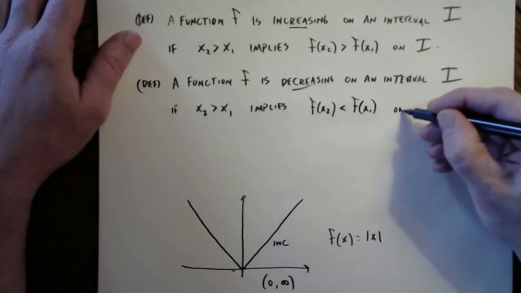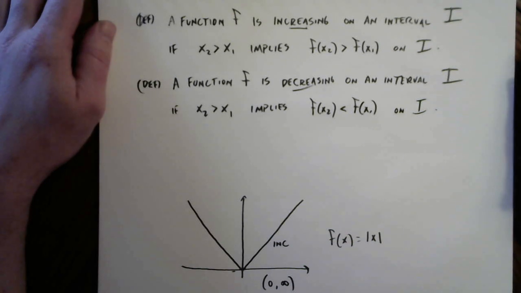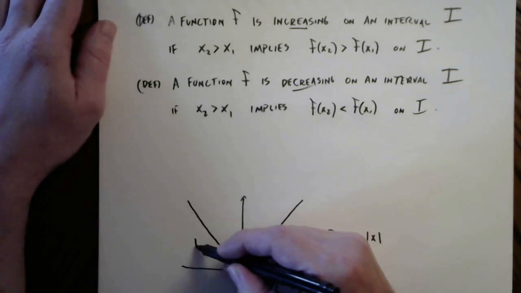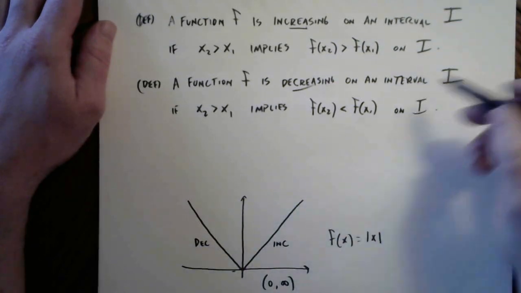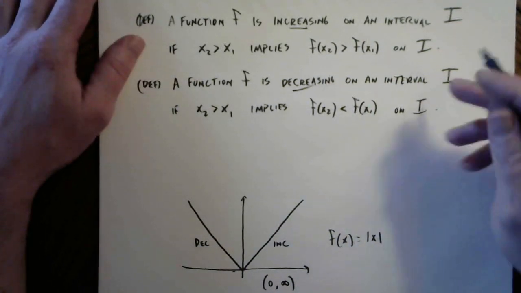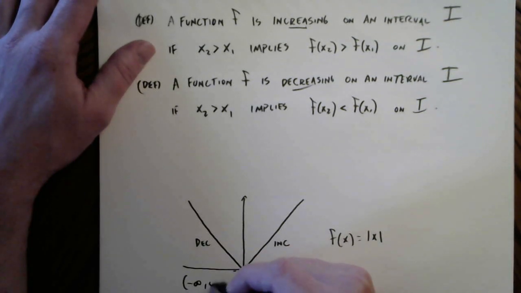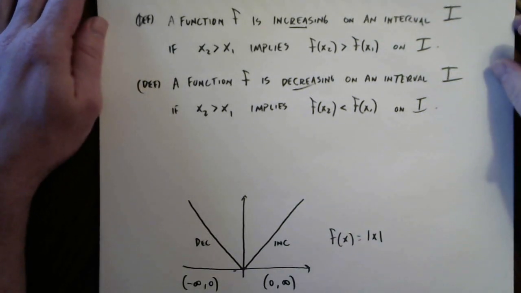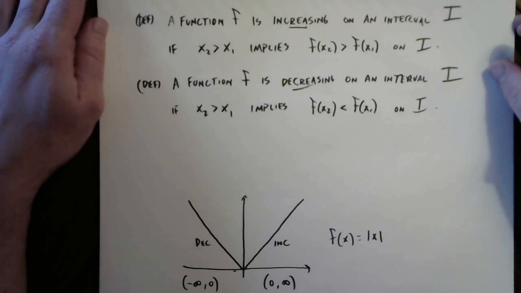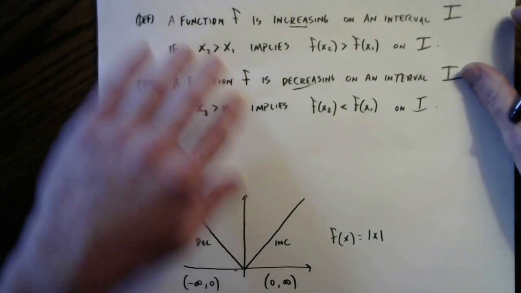And again, on I. So again, this is no surprise, right? This would be decreasing over here, and if we were going to describe the behavior on this interval, this is decreasing from negative infinity to 0. Okay, no big deal. So you'll see some of this stuff in the homework.